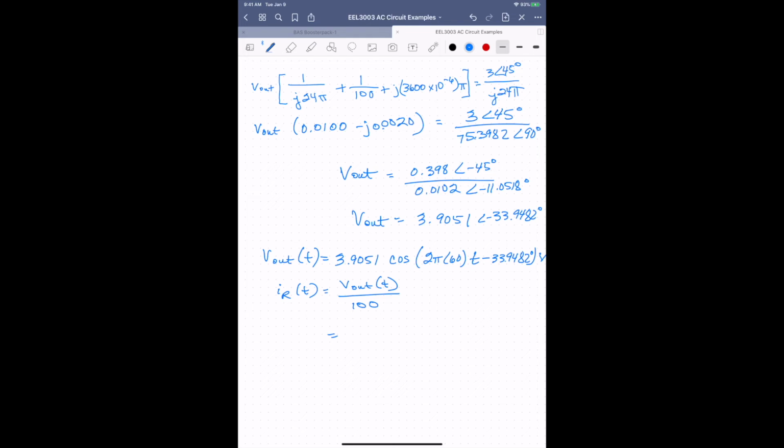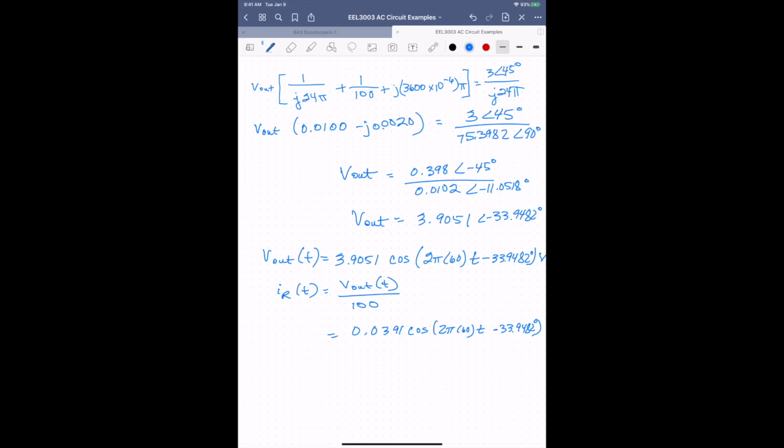So that will be equal to 0.0391. Or you could have kept a few more digits, but that's enough. Cosine omega, which is 2 pi times 60 t, and the angle was the same, so it's minus 33.9482 degrees.